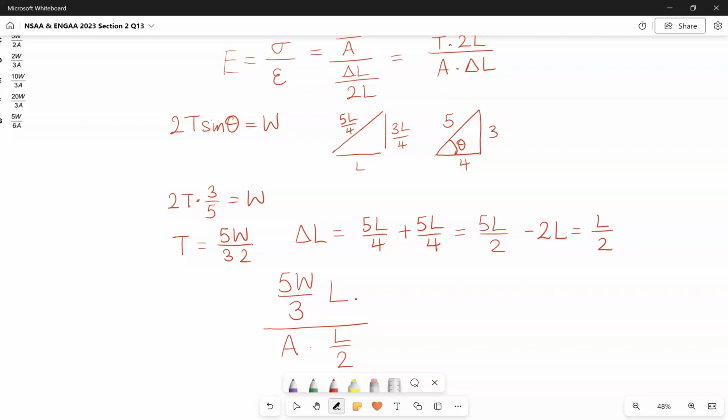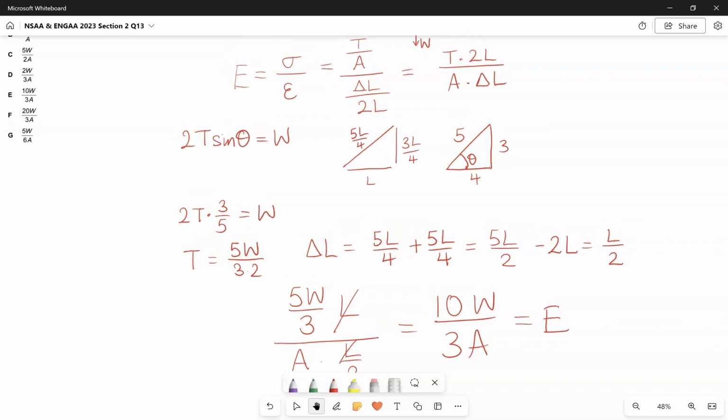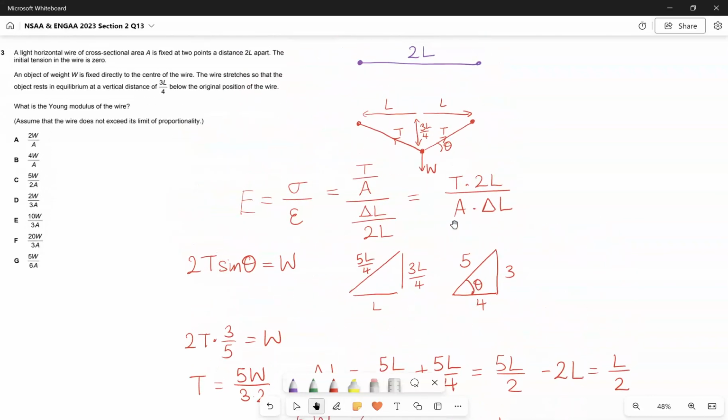We can cancel out the L. We can move a 2 to the top and a 3 to the bottom. This becomes 10W over 3A is the Young modulus. So 10W over 3A, that is answer E.